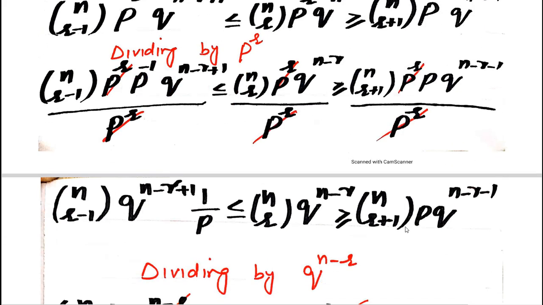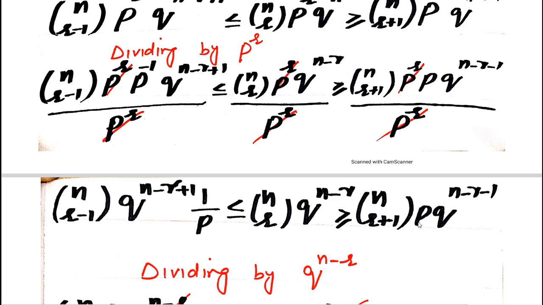We can write it as p^r dot p, so divide by p^r. When we divide by p^r, this p^r cuts with this p^r, and this p^r cuts with this p^r. So we are left with nC(r minus 1) q power n minus r plus 1, p power minus 1, which is 1 over p, less than or equal to nCr q power n minus r.